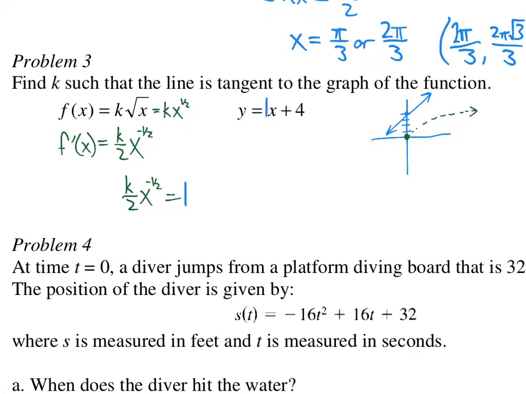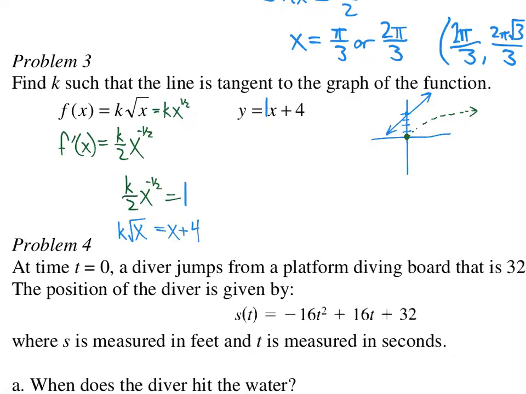Now, this might have been kind of what Angel was thinking a little bit, but what do we know about a tangent line and the original function? They will always touch or intersect at 1 point, right? So if I set the original function equal to x plus 4, that'll give me a second equation, right?